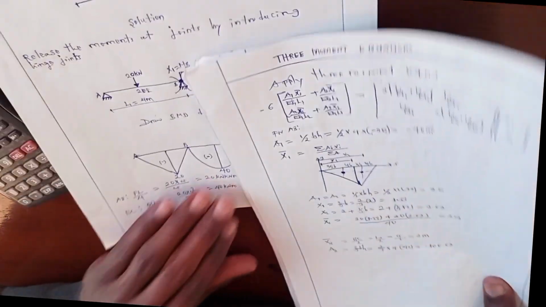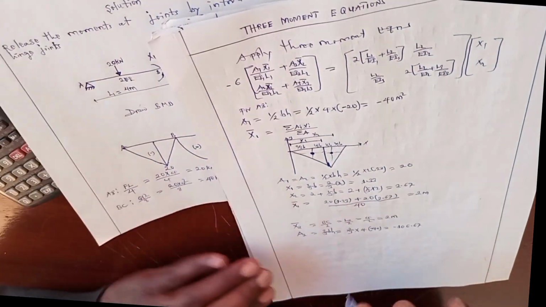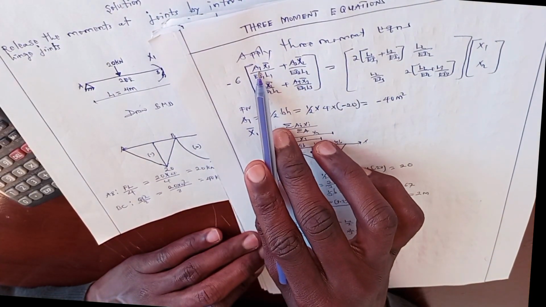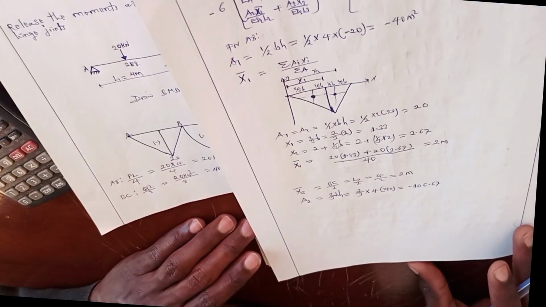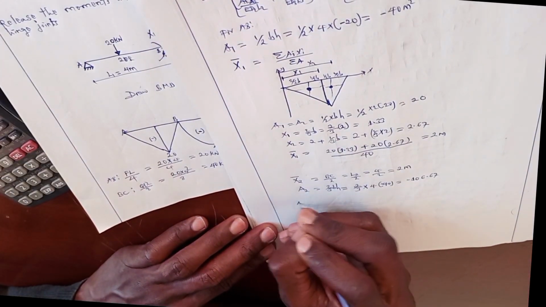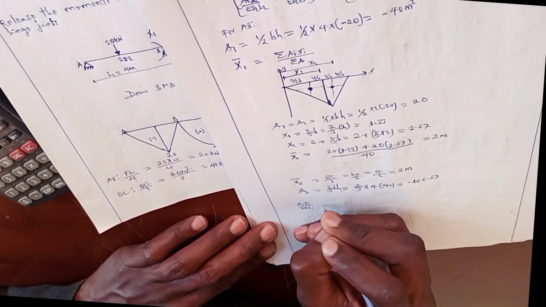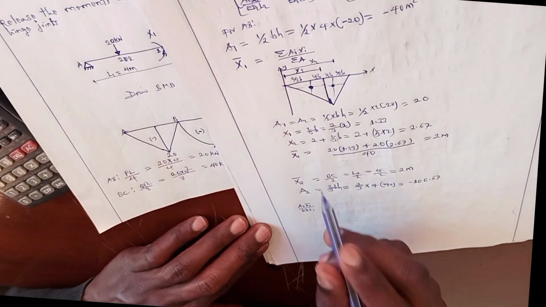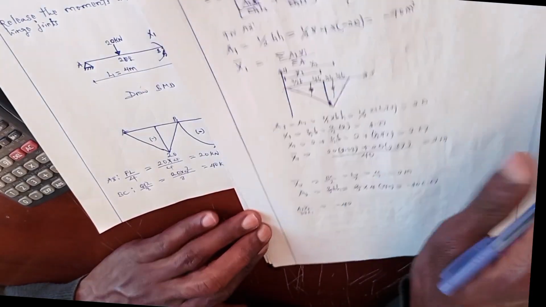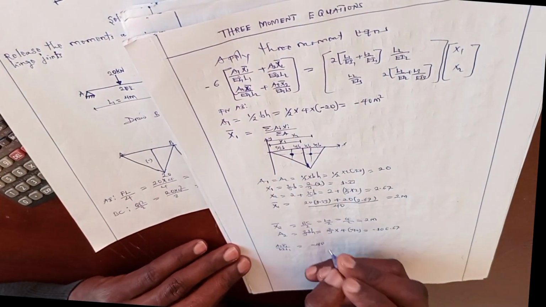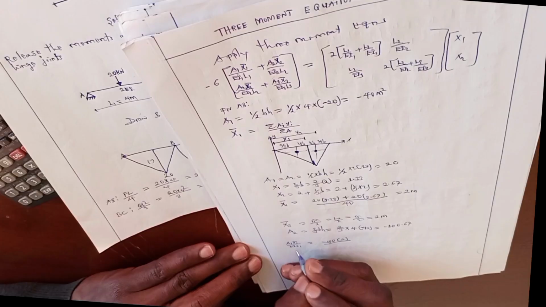Now, since the three-moment equation is given in this formula, let's find the product of area 1 times centroid 1 over EI1 L1. Area 1 is negative 40, times x1, which is 2 meters, over EI1.